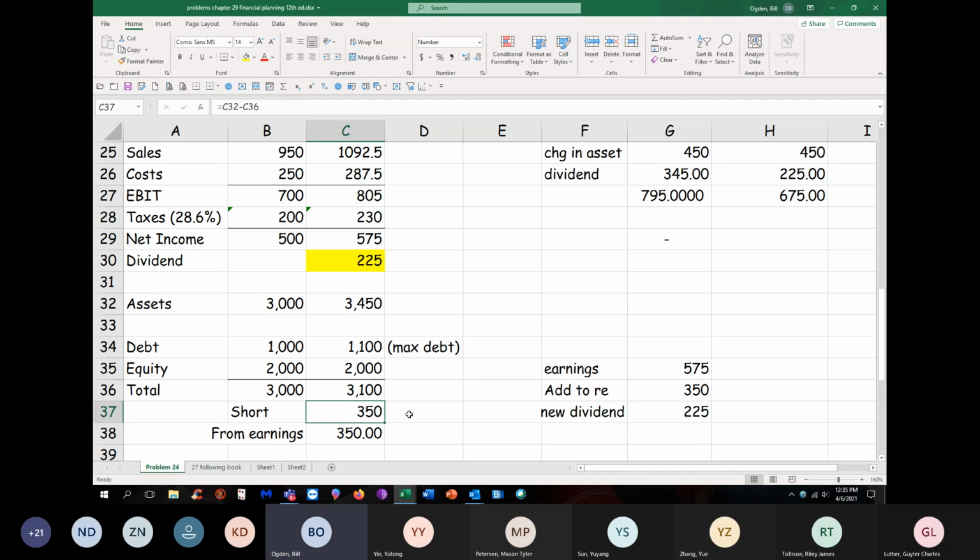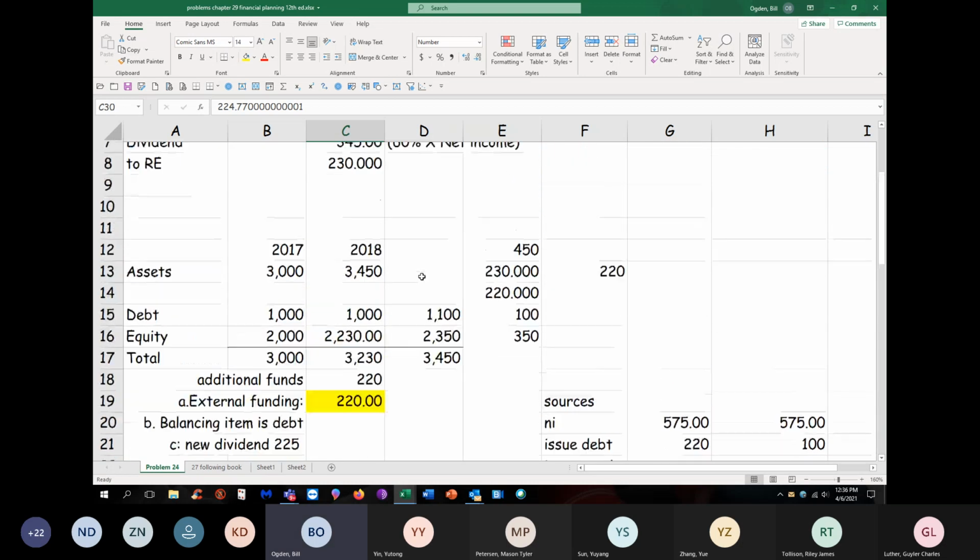Okay, we're asked to adjust our dividend. So if our earnings are 575, and in order to make this balance we must add 350 from earnings, then we readjust the dividend down to 225. So it gives us the 225 dividend.